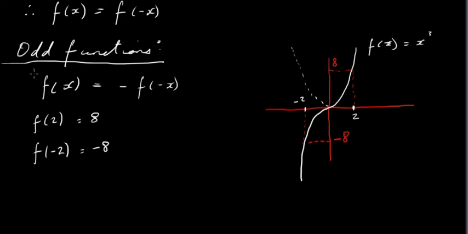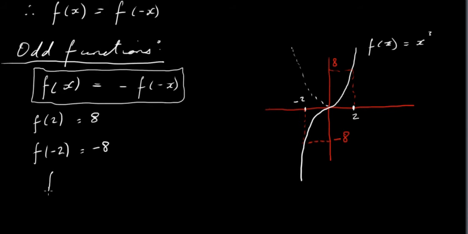So if you look at this definition of an odd function, f of x is equal to minus f of minus x. Here f of 2 is equal to 8, and f of minus 2 is minus 8. So this is an odd function. In this particular case, f of 2 is equal to minus f of minus 2.